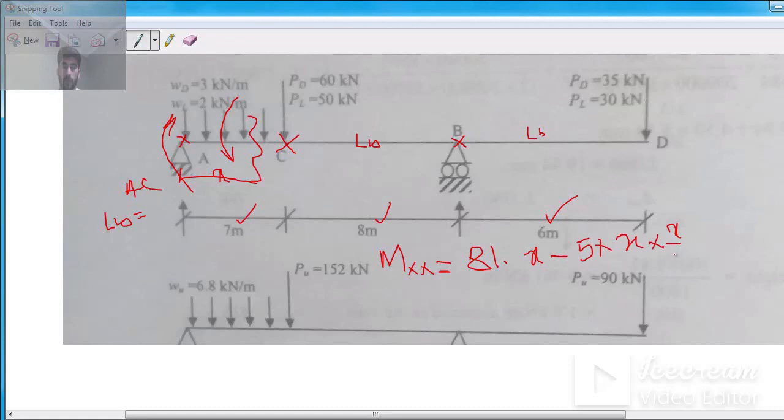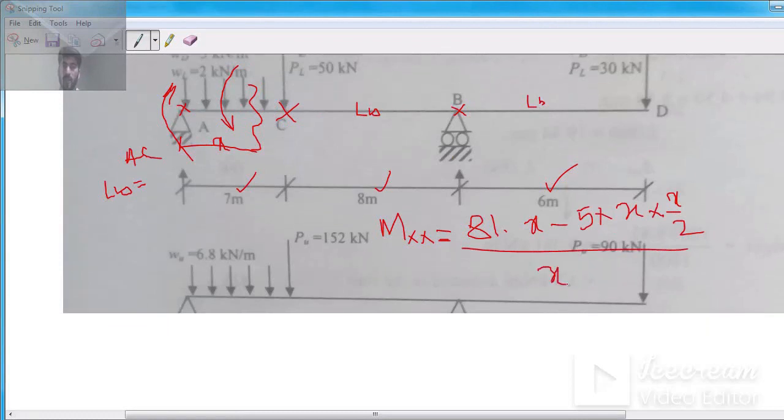This will give me a moment equation for this AC portion. Remember, this equation only works for this AC portion. This means the limits of x should be greater than 0 but less than or equal to this 7 meter. Clear? This is the limitation for this equation.